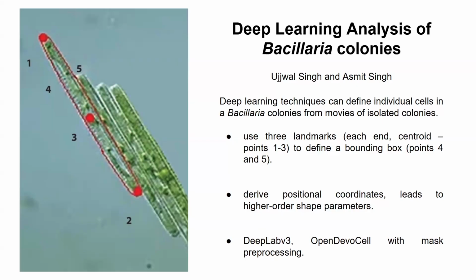And so this is where they took all these movies, extracted these cells as features, and then they went beyond the mask to define 3 landmarks on the mask. So the mask can be this elongated shape, but it also has an anchor point in the middle and then 2 endpoints.